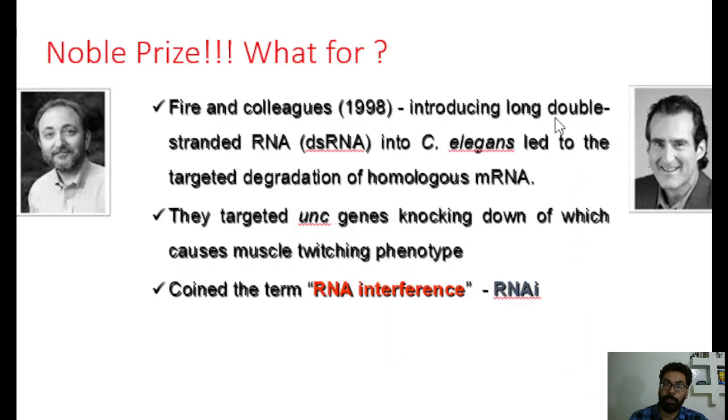So why was this happening? This was discovered by Fire and Mello, as I already told, in Caenorhabditis elegans. Any introduction of long double-stranded RNA resulted in the degradation of the corresponding mRNA. That phenomenon they coined as RNAi.